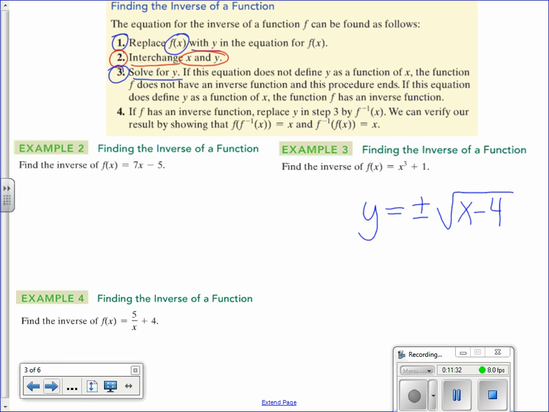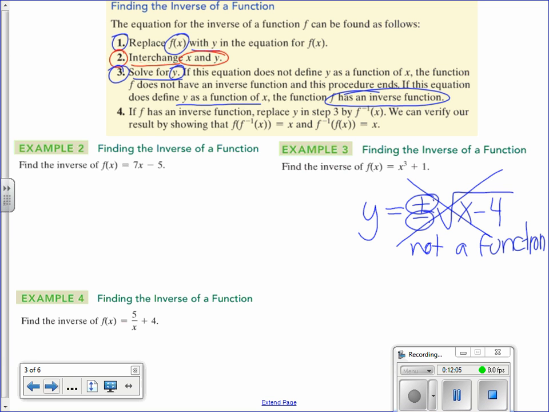And what I told you was, for every x, how many y's will we have? 2, a positive and a negative. So this is an example of something that is not a function. So that's what step 3 refers to. If, after you solve for y, the equation does not define a function, then you stop there. But if it does define a function, then that will be the inverse function. Or well, we could say that f has an inverse function.